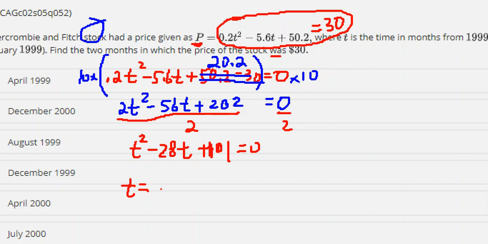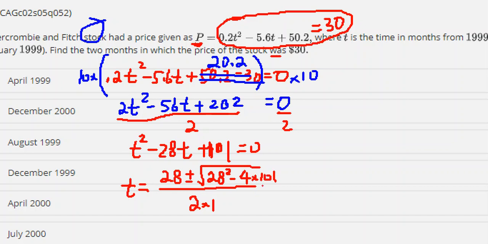Now you can apply the quadratic formula. 2 times a is 2 because this coefficient is 1. Negative b, so negative of negative 28, you get 28, plus or minus the square root of b squared, which is 28 squared, minus 4 times a, which is 1, times c, which is 101.